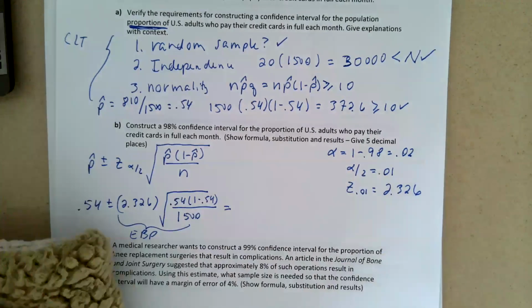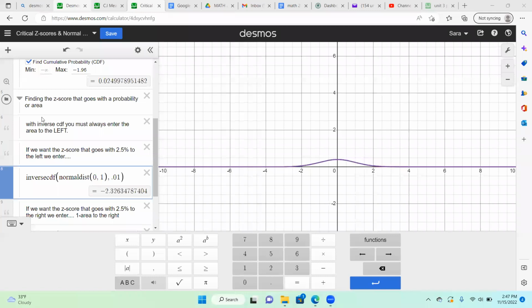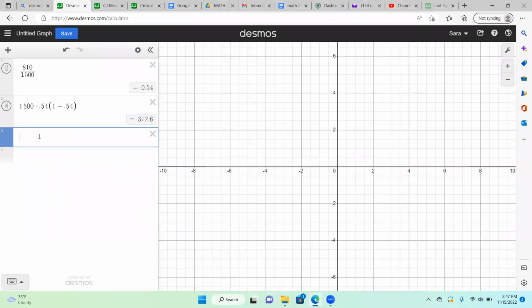So let's go ahead to Desmos and find the error bound of the proportion. So we have 2.326 times 0.54 times 1 minus 0.54 all over 1,500. Oh, oops, that's the square root.